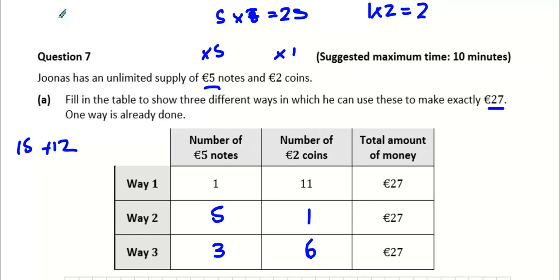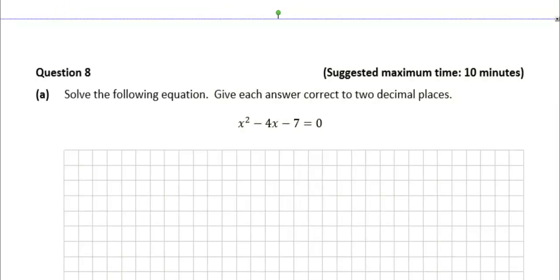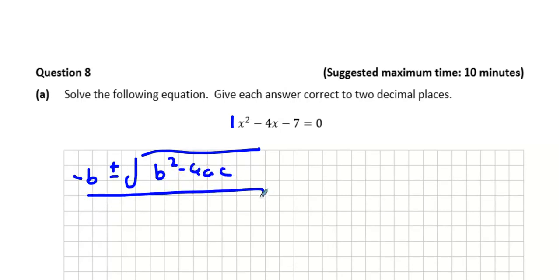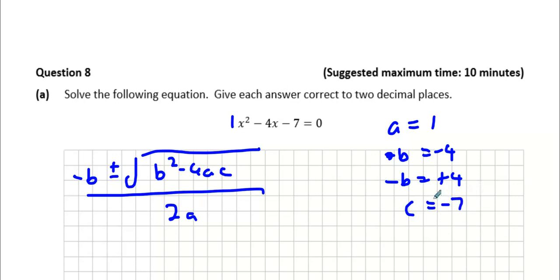Next thing I'm doing is question 8. Solve this. So use the minus b formula: minus b plus or minus the square root of b squared minus 4ac, all over 2a. So a equals 1, b equals minus 4, minus b equals plus 4, and c equals minus 7.